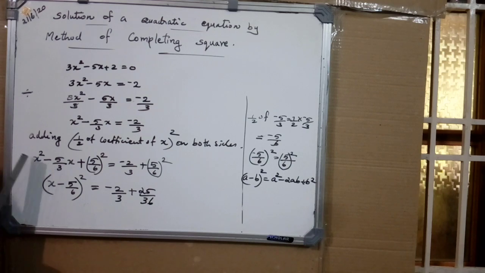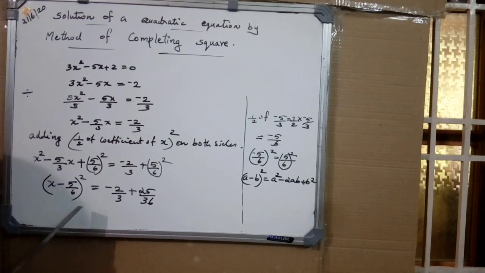Looking at the sign here, if it is negative it will be a minus b whole square. If it is positive, a plus sign here, it will be a plus b the whole square. So you have to verify that the first and third terms are perfect squares. Then check the middle term whether it is in the form 2ab. A you take as this one, b is 5 by 6. So the middle term, if you do that, will be in the form 2ab.